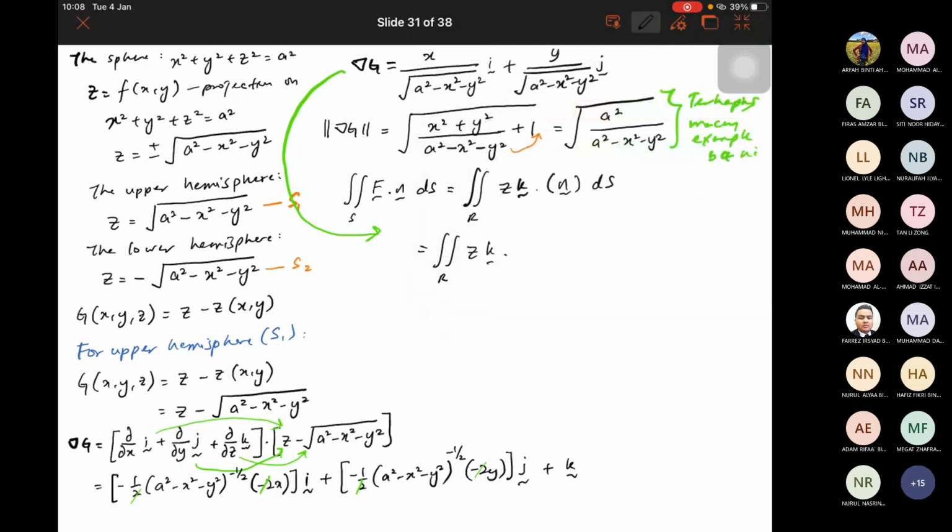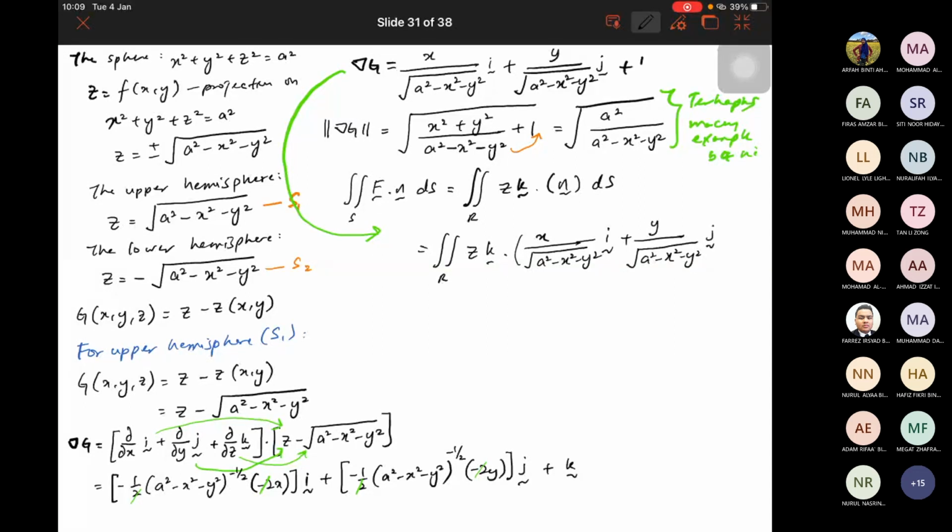So it will be the dot product with x over the square root of a squared minus x squared minus y squared i plus y over the square root of a squared minus x squared minus y squared j plus k.